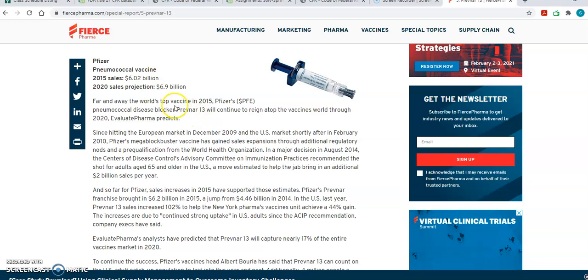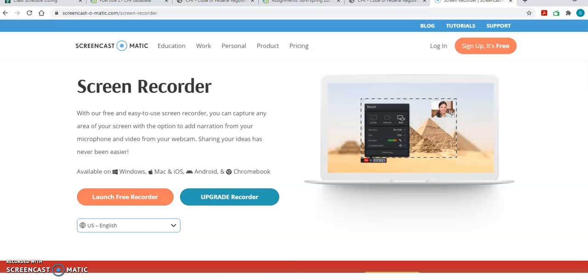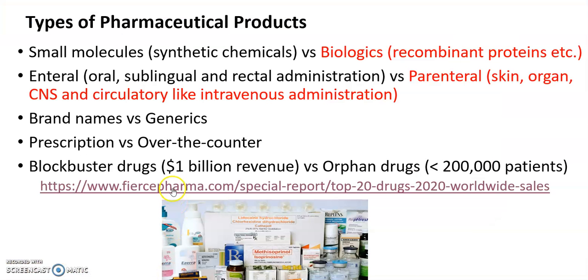So it sold $6.9 billion. So you can see a lot of injectable drugs that are protein-based, probably almost 50% or above in the top 20 drugs. So understand the importance of those parenteral drugs.